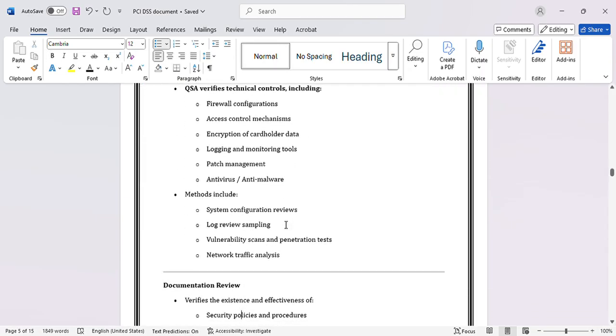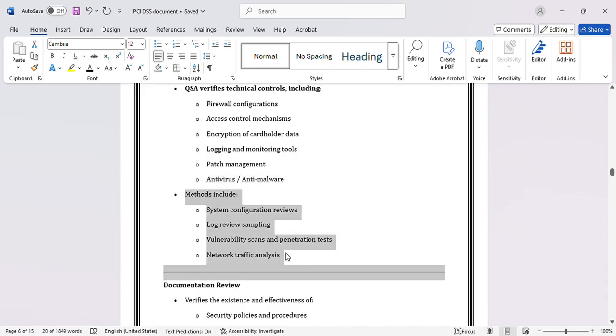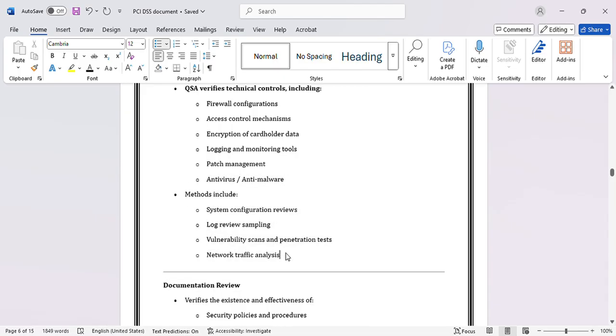The QSA verifies technical controls, including firewall configurations, access control mechanisms, encryption, logging and monitoring, patch management, AV and malware. The methods include system configuration reviews, log reviews, vulnerability scans, PTs, and network traffic analysis.